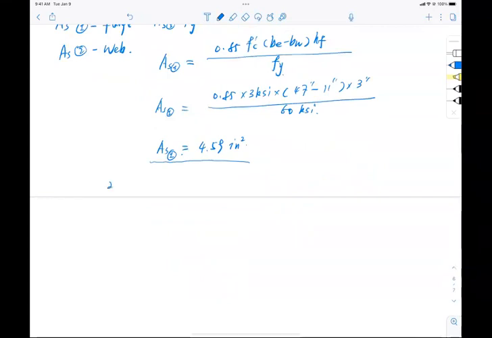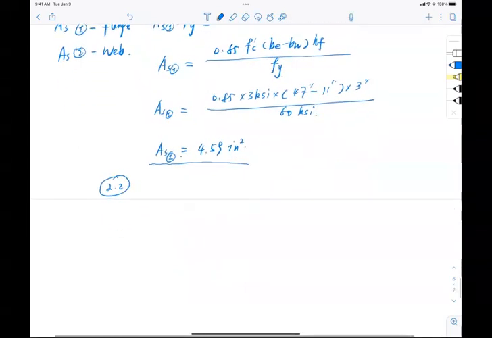So step 2.2, next step. For the flange, again, I have this much area, and I need to calculate the moment. So MNF, which is Mn flange.